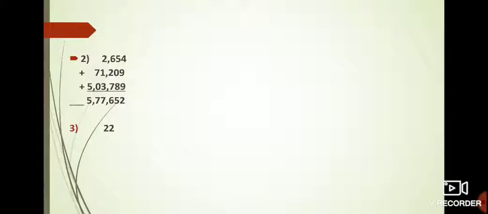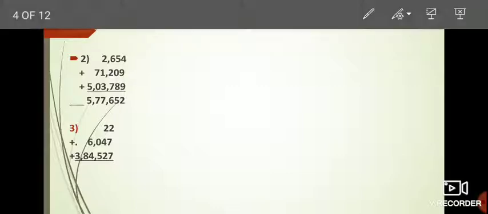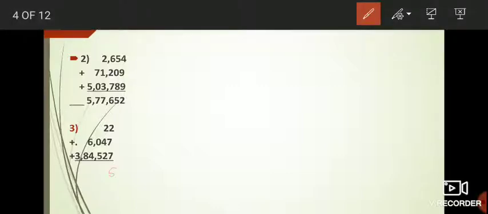Again one example we will see. First number is our 2-digit number only. 22 is added with 6,047 and again it is added with 3,84,527. Okay, do the addition. 7 plus 7 plus 2, yes, it is 16. 1 carried over.